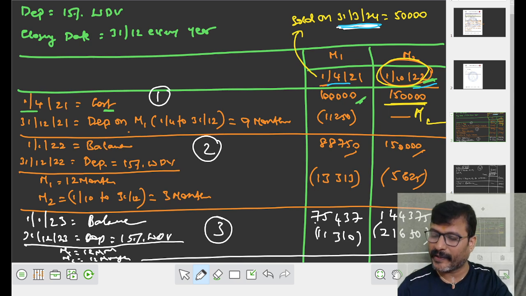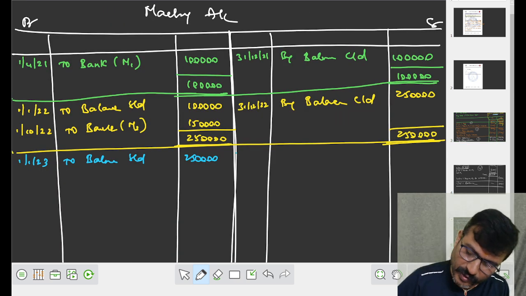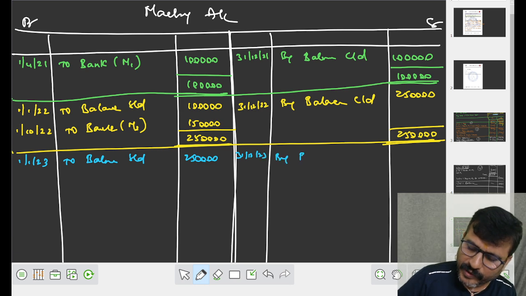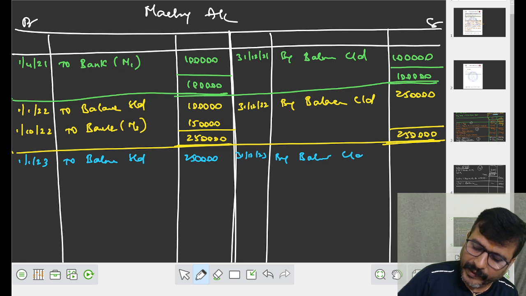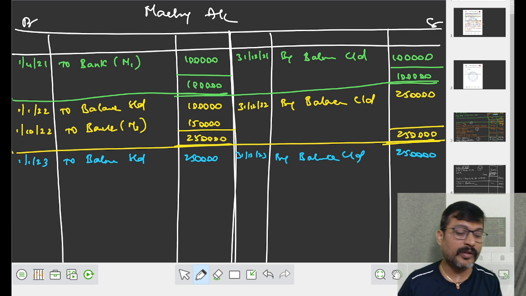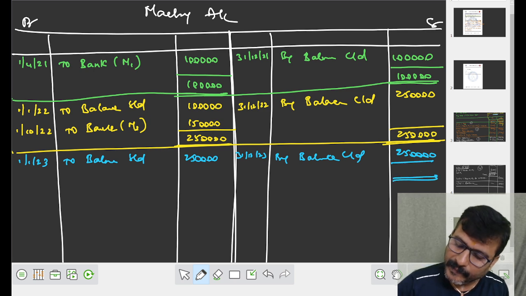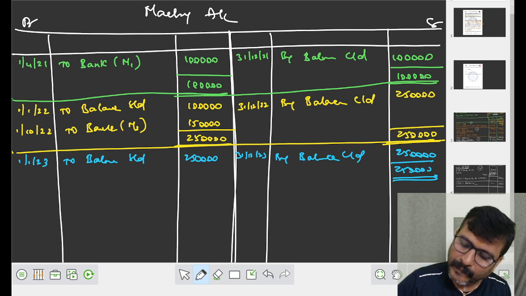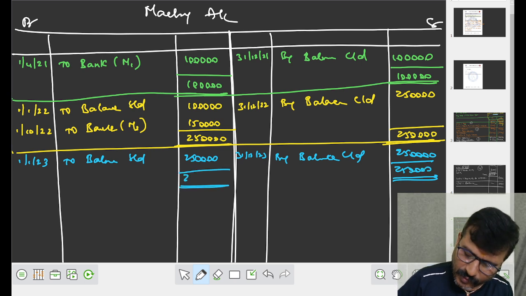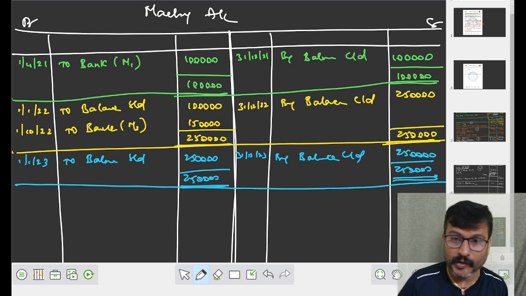Nothing happened in 23, right? Just what should I write? On December 23, I am supposed to write by balance carried down with the same amount of 2.5 lakh. Close it completely. Got it?